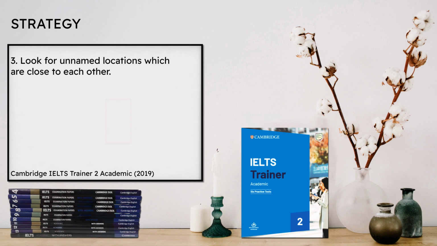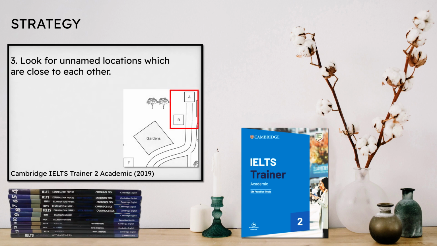I'm also looking at A and B, another two places which both don't have names and which are quite close to each other. Now, neither of those is very close to anything which has a name, so I'm not sure which one is the right answer.